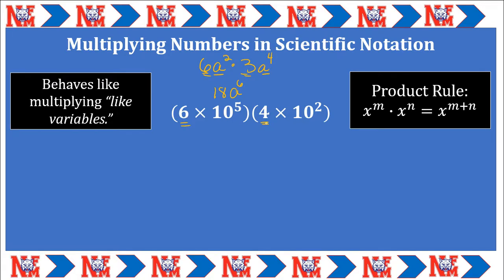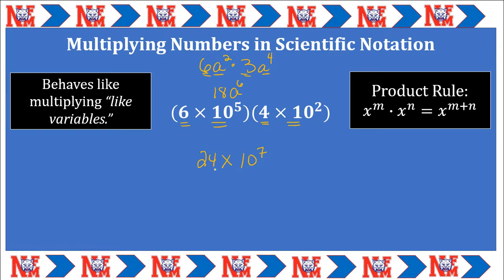Here we're having 6 times 4, that gives us 24. And then this is our quote-unquote like variable. So we have a power of 10 times the power of 10, so they are like bases. So we have 10 and we add exponents. So we have 24 times 10 to the 7th.